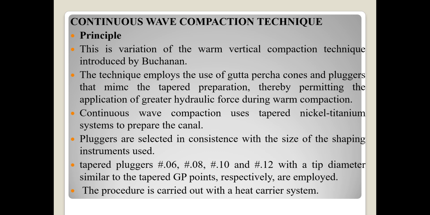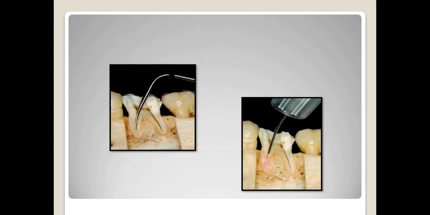Pluggers are selected in accordance with the size of the shaping instrument used. Tapered pluggers such as 6%, 8%, 10%, etc., with a tip diameter similar to the tapered GP points respectively, are employed. The procedure is carried out with a heat carrier system. This is the diagram showing the warm compaction.